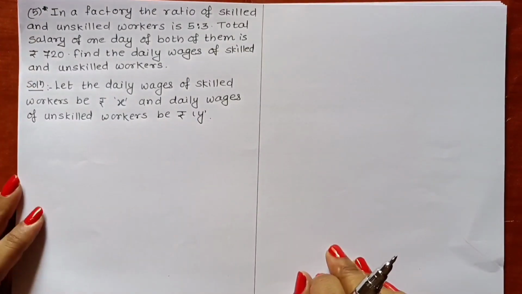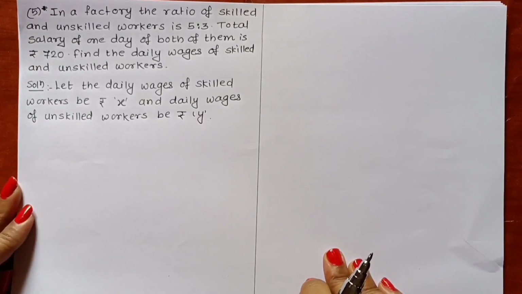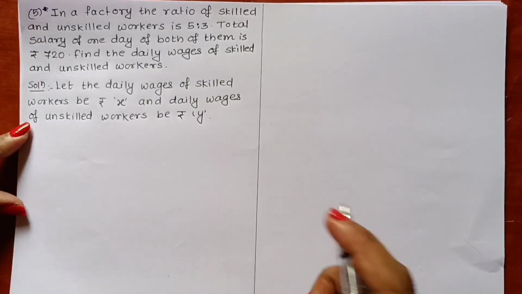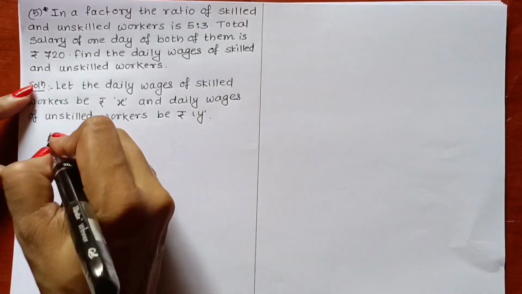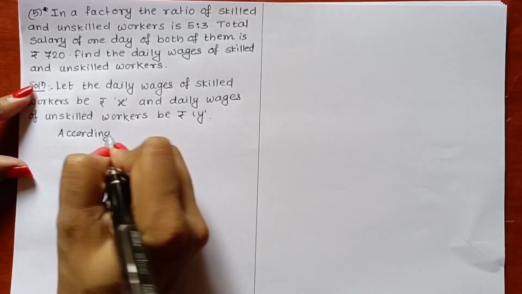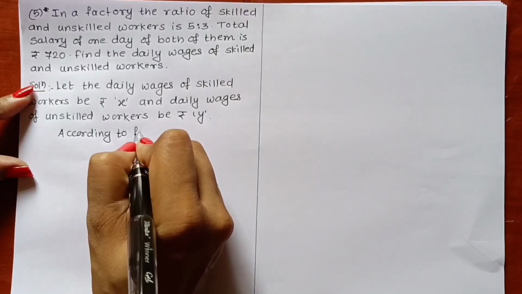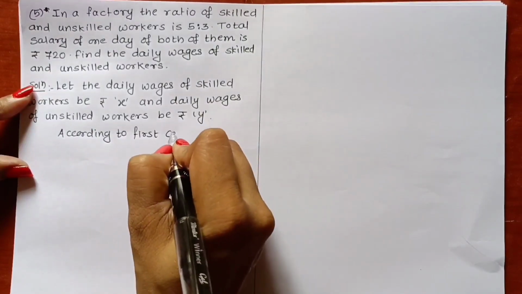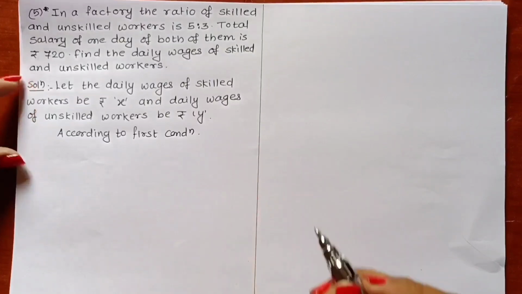Okay, this is the daily wages of skilled and unskilled workers we have written. Now we have to write the equation according to the first condition. What is the first condition given in the first sentence?